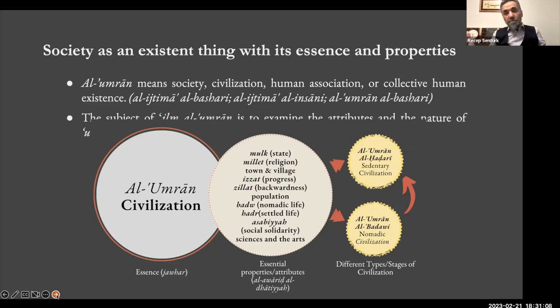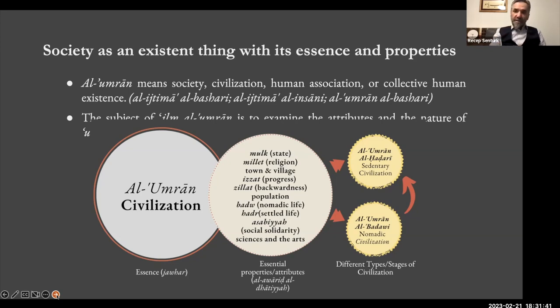So nomads, they also have a social order. They have politics, they have religion, they have norms, they have economy, they have solidarity among themselves. So they have traditions. All these things show that they have umran, they have ijtima al-bashari, they have society. So they have civilization, but the civilization is al-umran al-badawi, nomadic civilization.